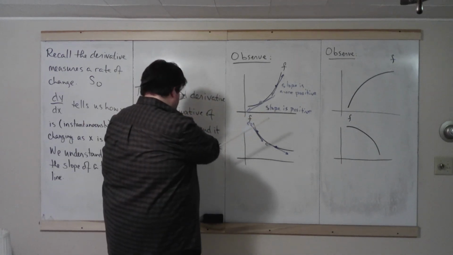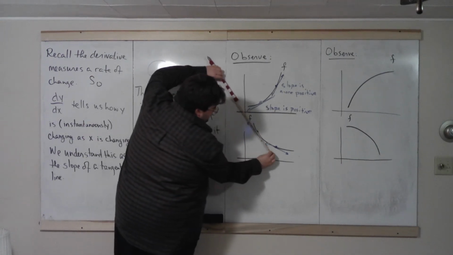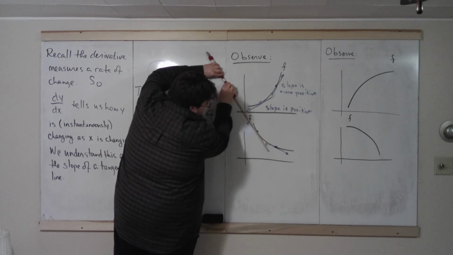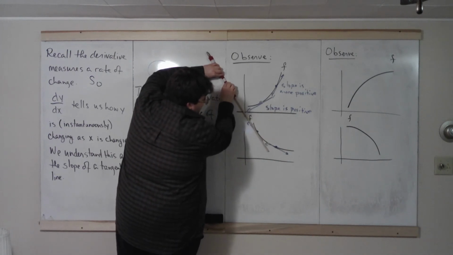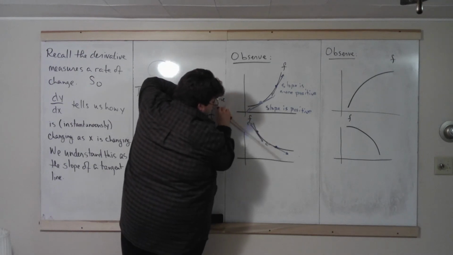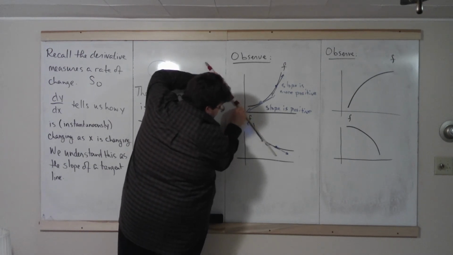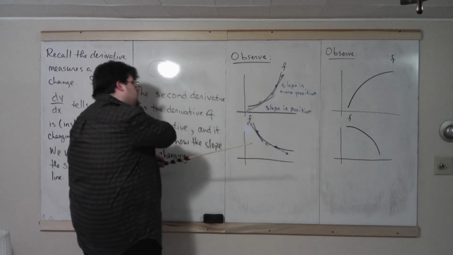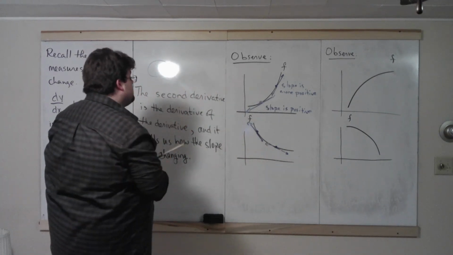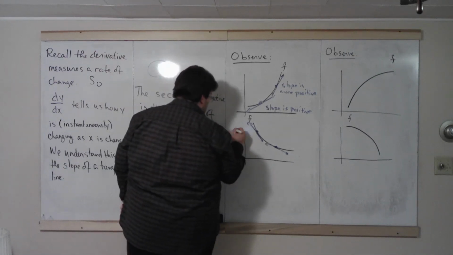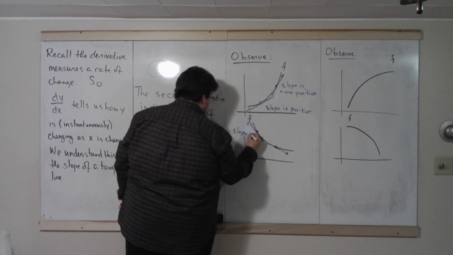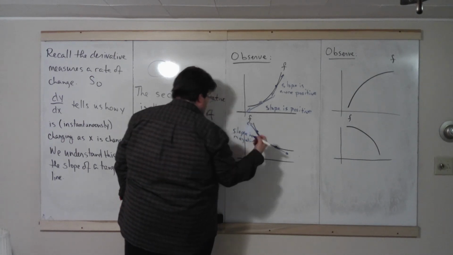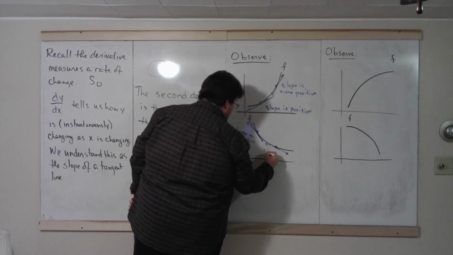And you can let these tangent lines travel along this curve, and you notice they start as a very negative slope, and they keep gradually getting less negative. So in that first case, slope started positive and got more positive. Here, the slope started as a negative and became less negative.